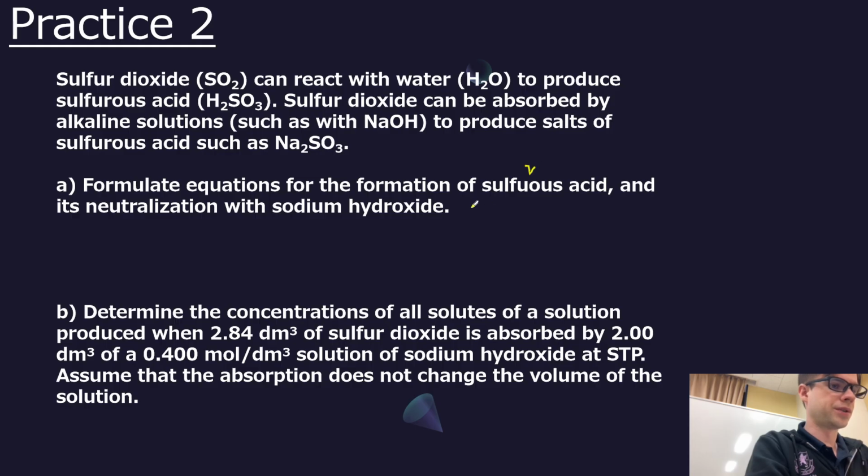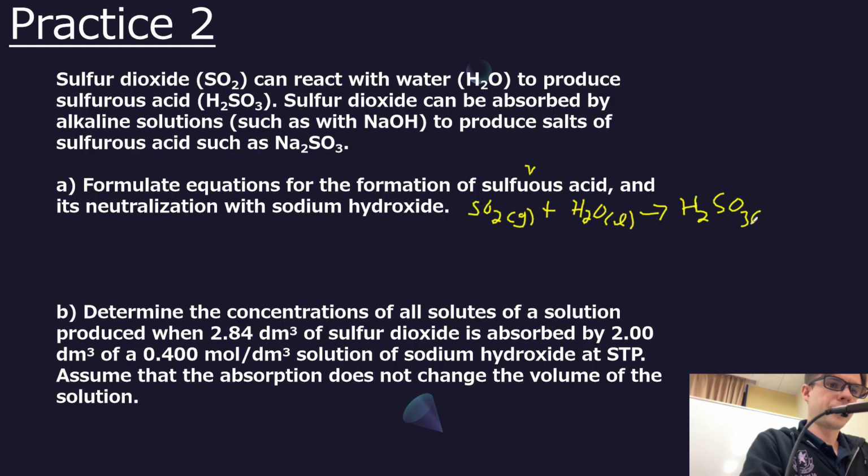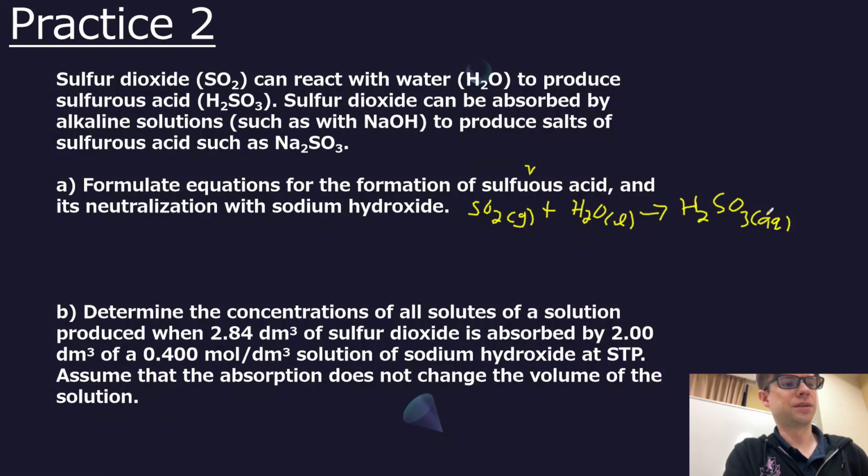So first, sulfurous acid is just SO2 gas plus water goes to H2SO3 aqueous. That aqueous acid. And this is already balanced. We're just sort of combining these together. A plus B goes to C. But we also need the neutralization of that acid with sodium hydroxide.